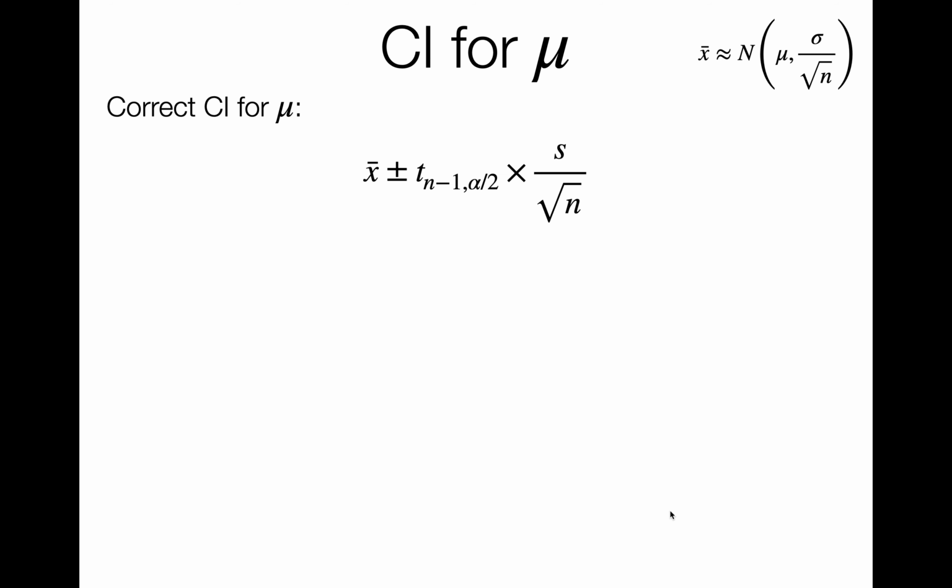N, of course, is the sample size, so it's a t with n minus 1 degrees of freedom. Okay, and we still have that alpha divided by 2 there to help us. So that's the same as the z-score with alpha over 2. We're going to do that the same way with the t-score, right? And so we have our full confidence interval there.